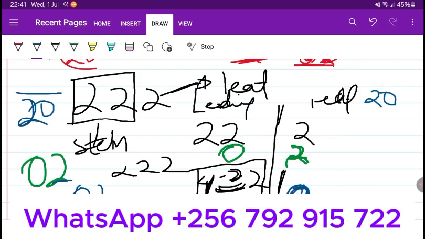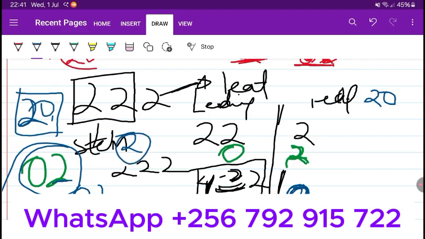Are you seeing that this is a 20? Yet the individual value that was given to you was a 2, or a 02. So if you write it this way, it will be wrong, because if you combine this 2 and this 0, it will give you a 20. Yet the individual value was just 2.